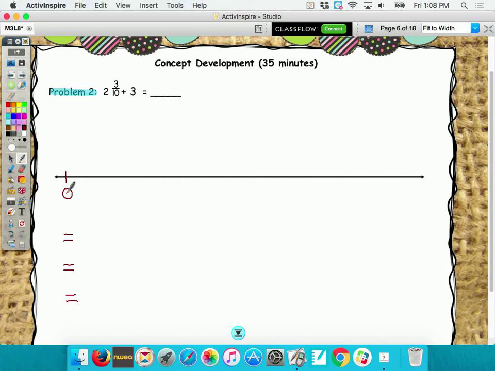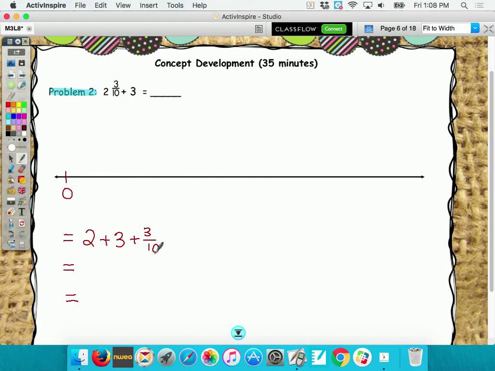Fraction. The fraction. So I want to rearrange this so the fraction's at the end. Okay? So in order to do that, I'm going to move my whole numbers. 2 plus 3 plus 3/10. Now, by the way, someone in block 1 said, well, the answer's 5 3/10.